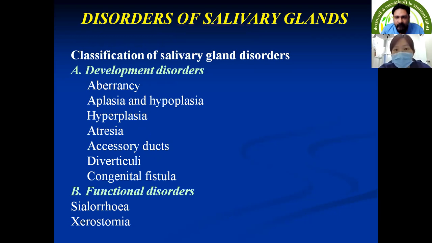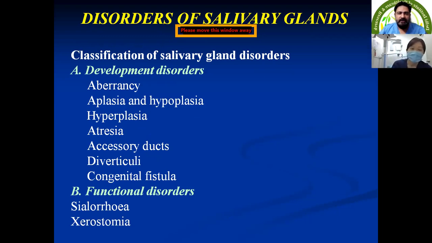Now, disorders of salivary glands. The classification of salivary gland disorders are: A, developmental disorders such as aberrancy, aplasia, hyperplasia, atresia, accessory ducts, diverticuli, congenital fistulas.